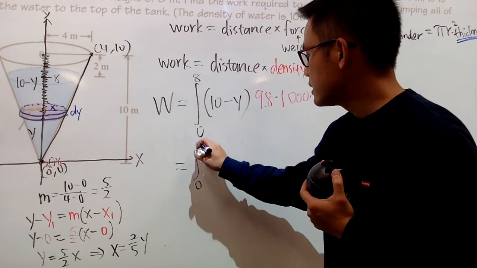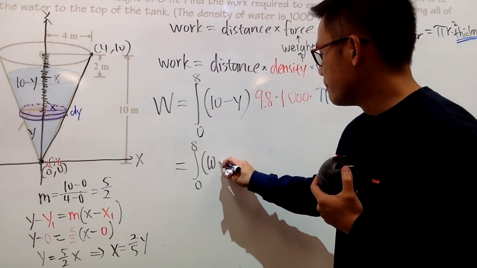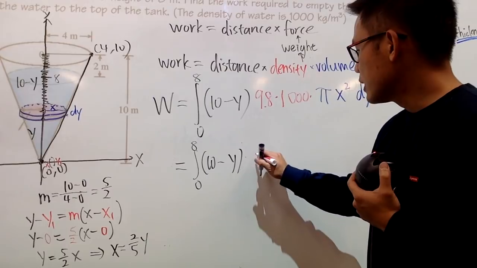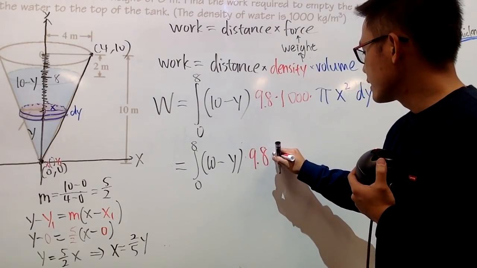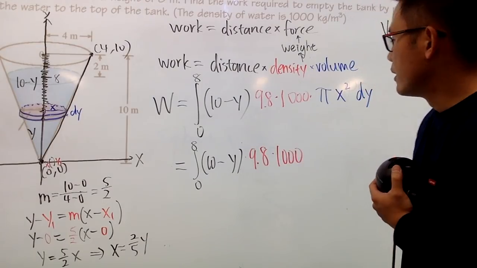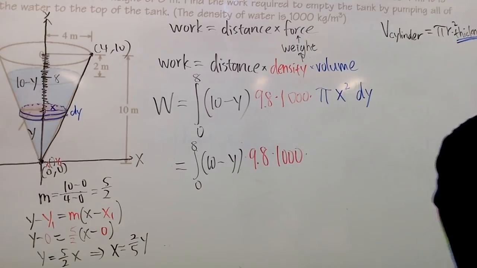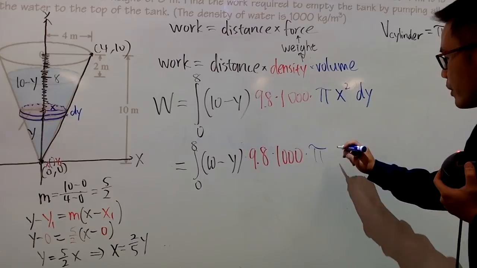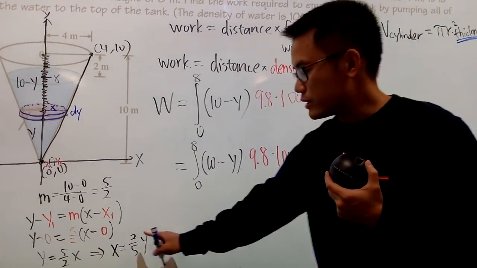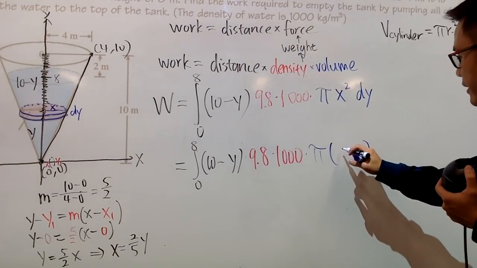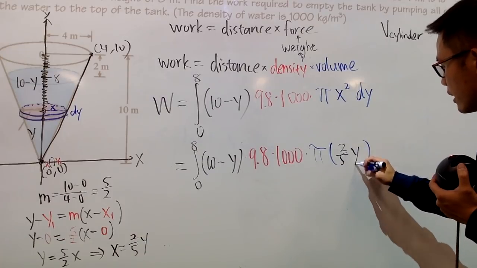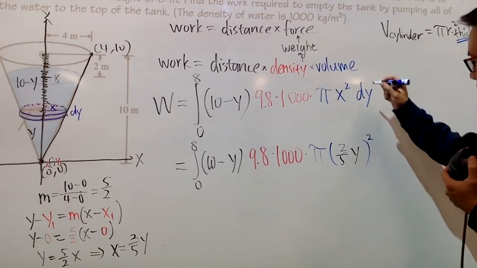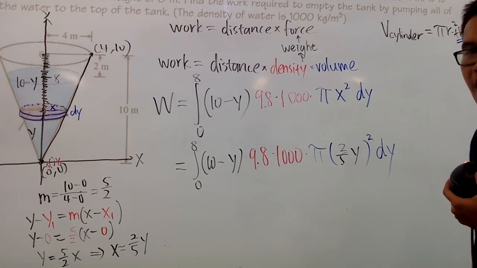From 0 to 8, and then 10 minus y, and then multiply by 9.8 times 1,000. And we multiply by pi. And for the x, I'm going to replace the x with 2 over 5 y inside here. And then don't forget to square that. At the end, you have the dy.